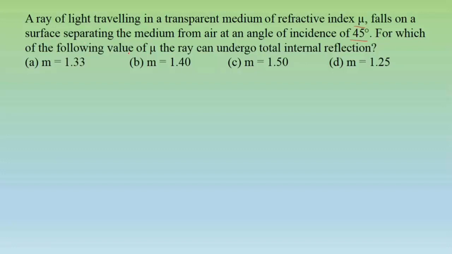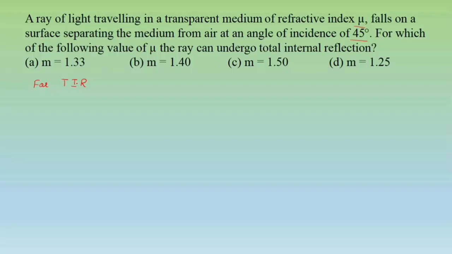For which of the following values of mu can the ray undergo total internal reflection? For TIR, we know the condition: only when the angle of incidence is greater than the critical angle does total internal reflection of light take place.